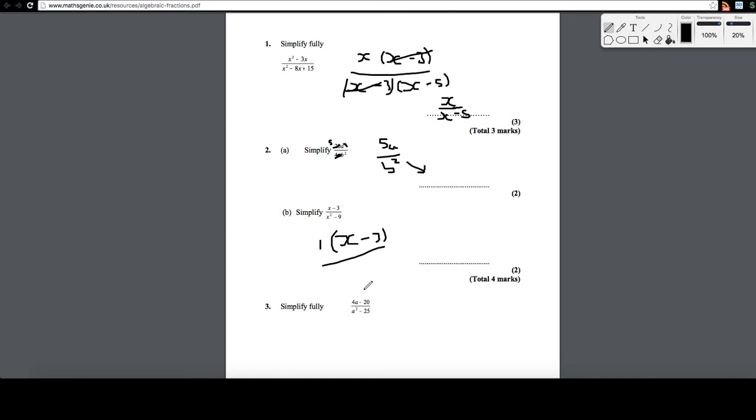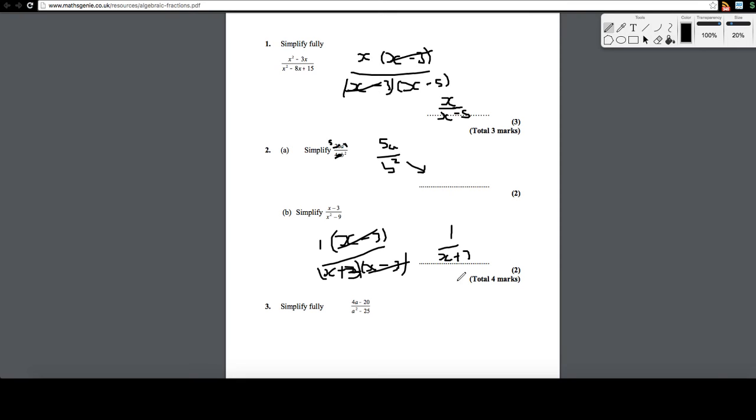Sorry for the dodgy draw of brackets, but then we're going to have x plus 3, and then x minus 3, okay? And of course this will cancel out of that, so we're going to end up with 1 over x plus 3, and that will be your final answer.